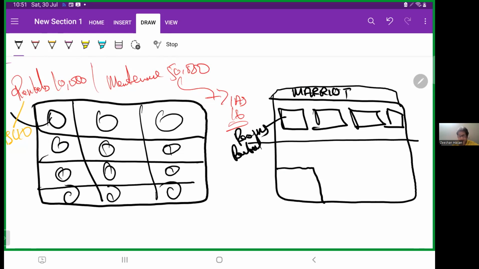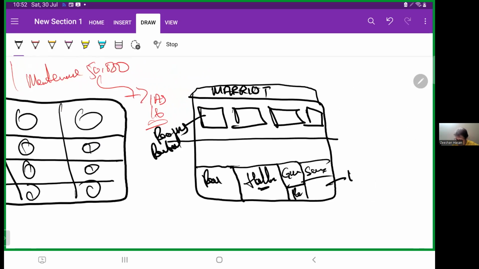For example, they have restaurants, halls for attending functions and conducting seminars, gym services, pool services, sauna bath services, etc. These extra services are known as ancillary services, right?